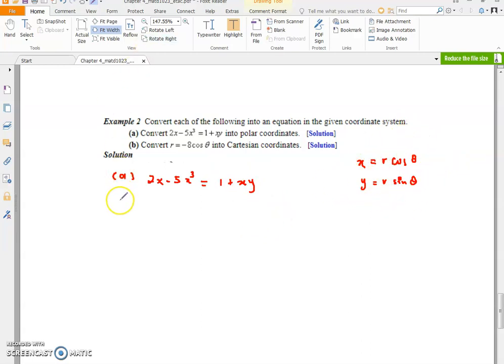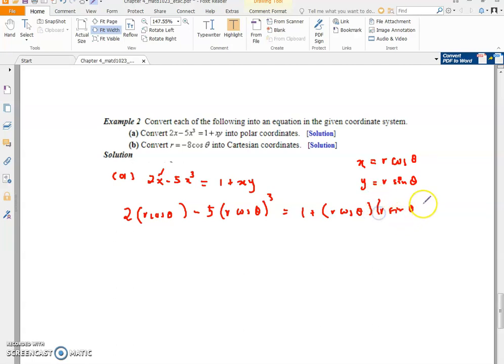For 2x, the value of x you can change into r cos theta, minus 5 (r cos theta) to the power of 3, equals 1 plus r cos theta times r sin theta, because you have y there.